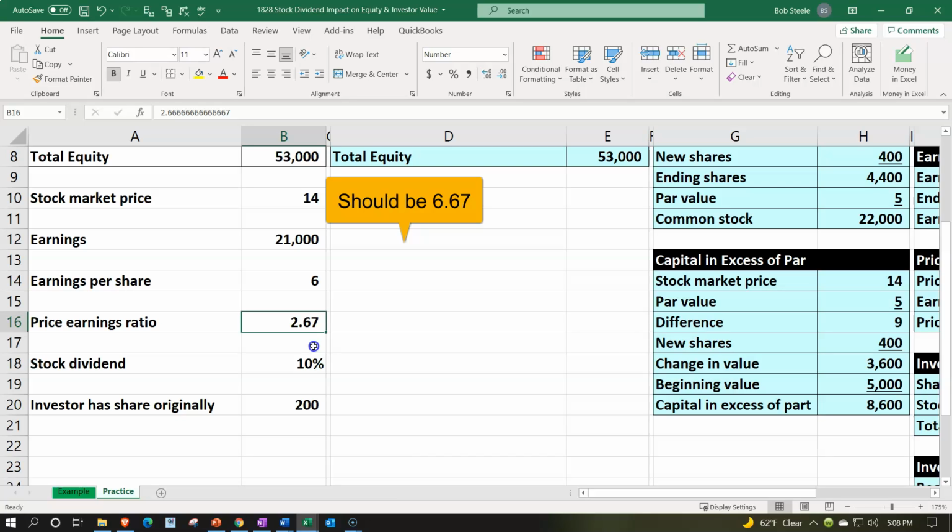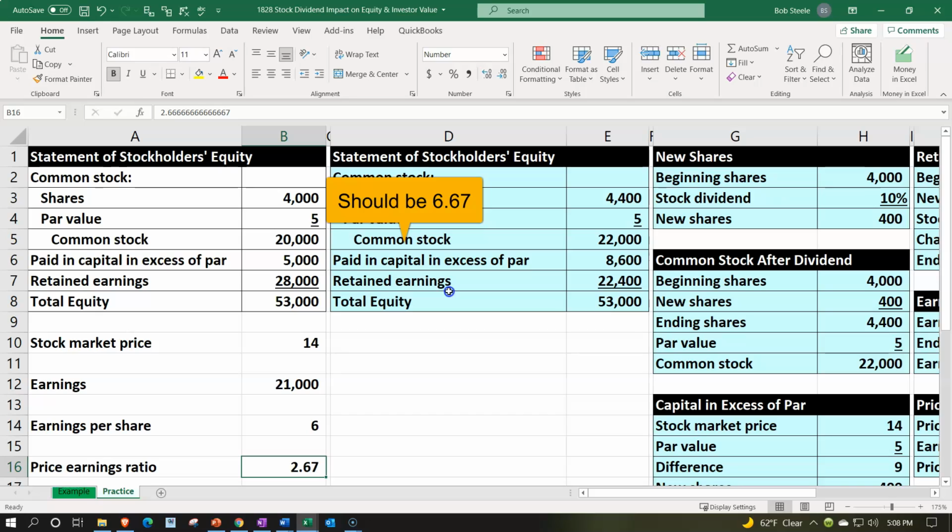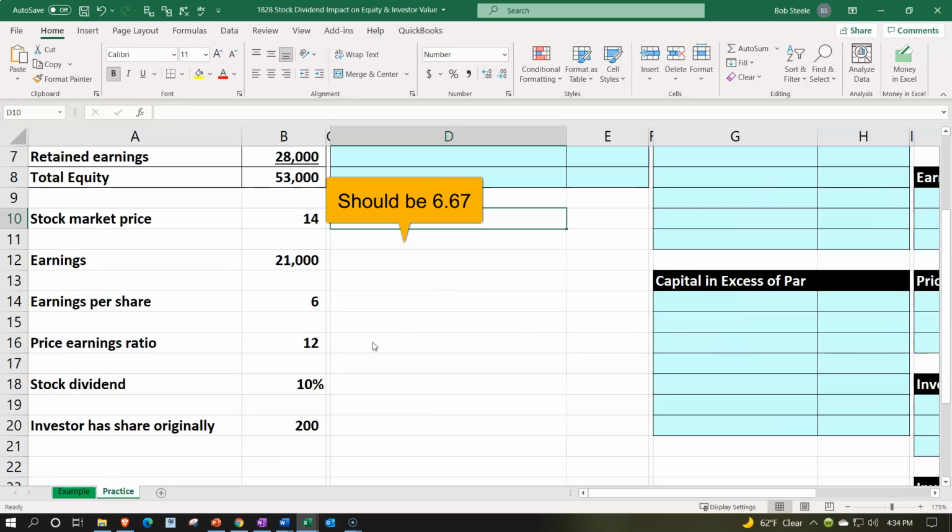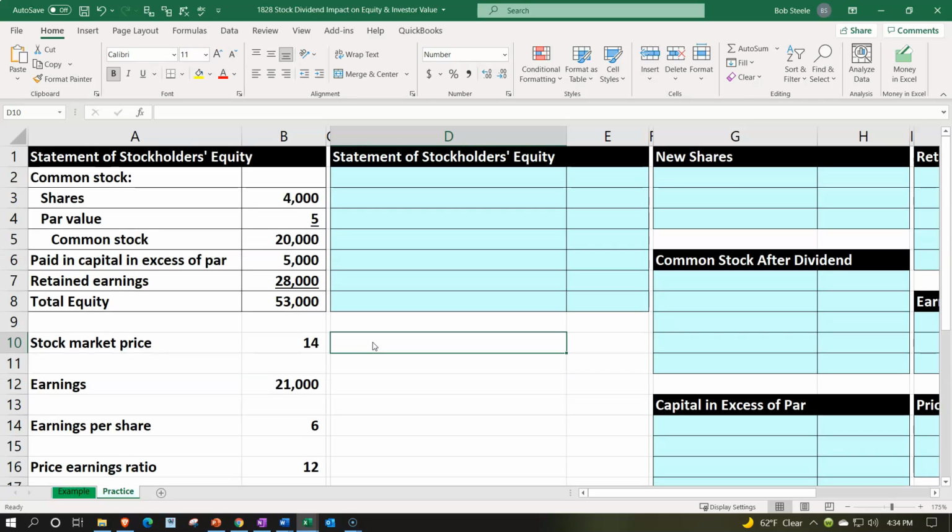It won't come into play at the end, when we do the calculations at that point in time, and won't have an impact in the initial calculations for the statement of stockholders' equity. The stock dividend will be 10%, and the investor has shares. We're going to say the original investor had shares of 200, and so we'll think about what the impact to that investor would be for this change as well. So let's first recalculate our statement of stockholders' equity.